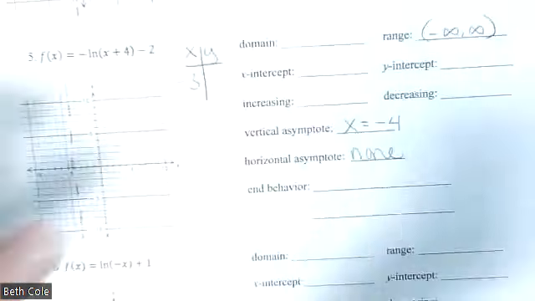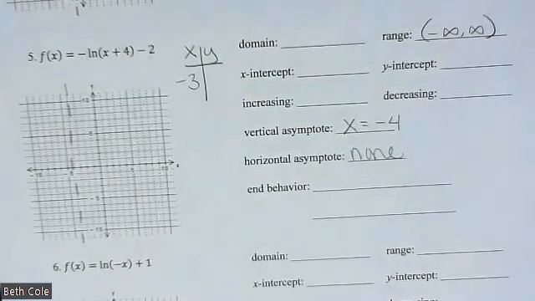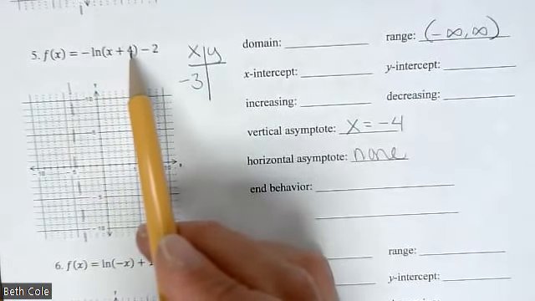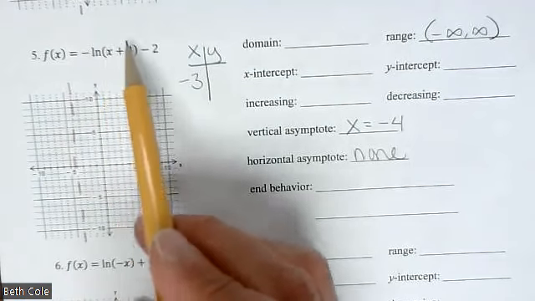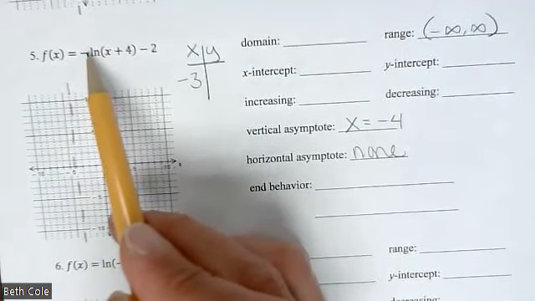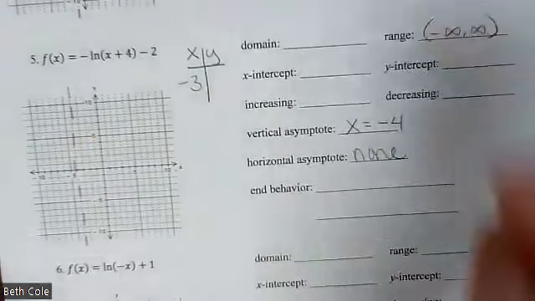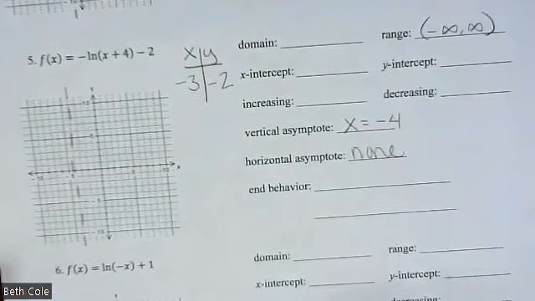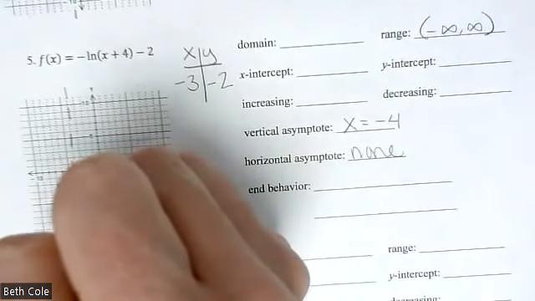There we go. Sorry, I said that poorly. -3 plus 4 would be 1. e to the 0 power gives you 1. So all of this is 0. And you can't negative a 0, so it's just 0. -2 would be -2. And then unfortunately, that's the only point that you get to plot.